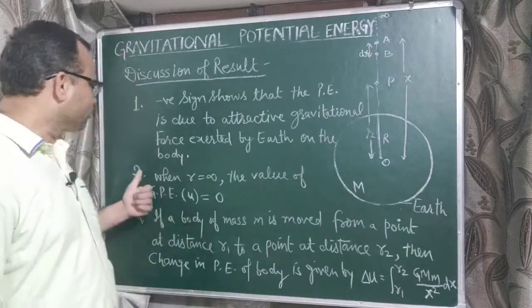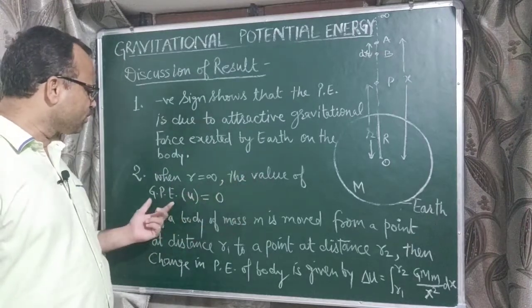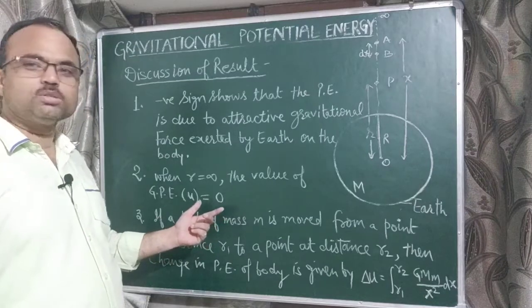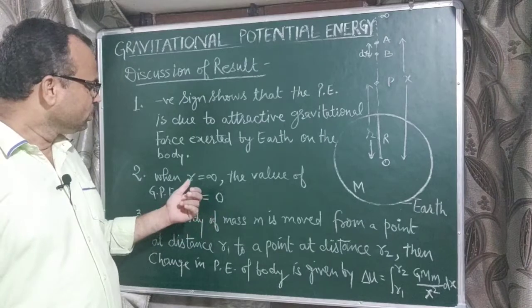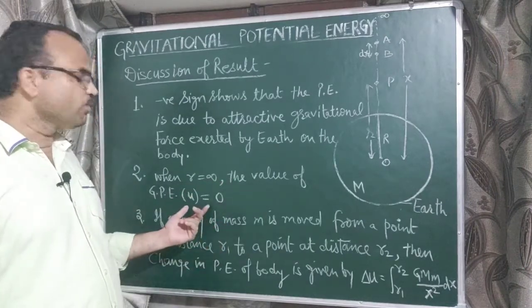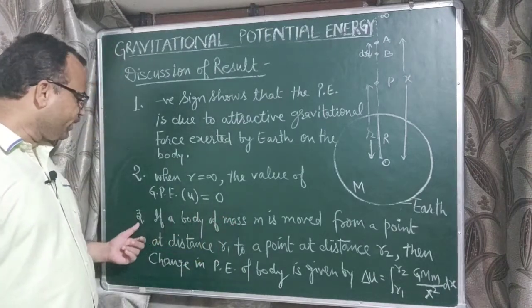The second point: when r is equal to infinity, the value of gravitational potential energy U equals 0, because r is in the denominator. So when infinity is substituted in the denominator, the final value of U will be 0.